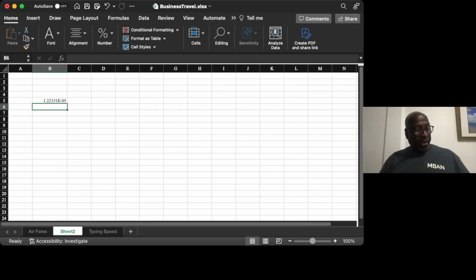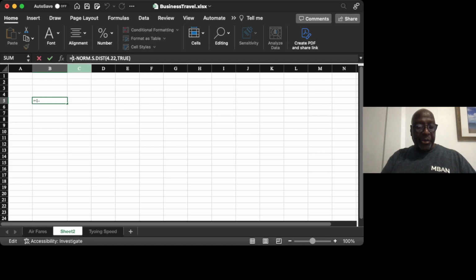Alright, so if we actually use the function in Excel, it is called norm.s.dist. And if you say it's a cumulative value, it'll give you all the area to the left of that value. So now what you want to do is find the area to the right, so we're going to have to subtract it from 1, and then multiply it by 2.